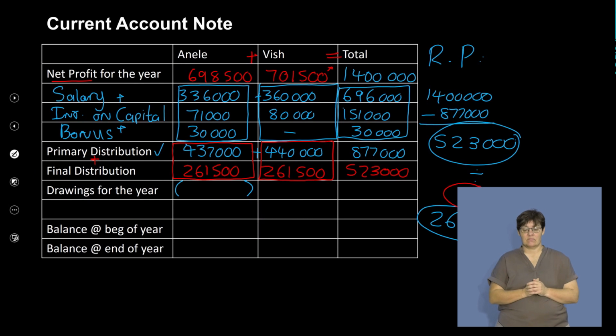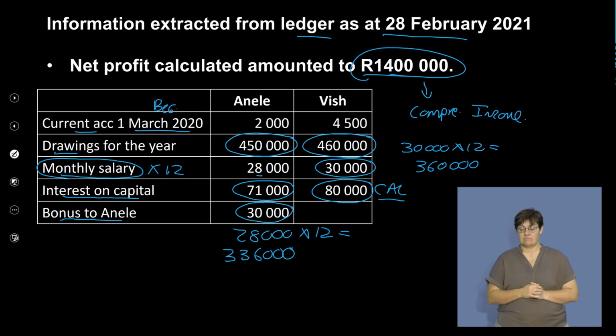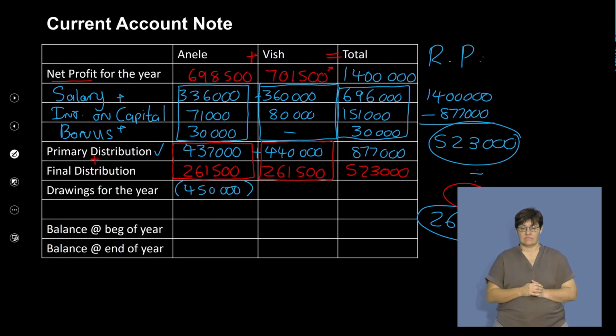So let's fill that in. 450,000 for Anele. Okay, and then Vish has taken 460, so let's fill that in. 460,000.